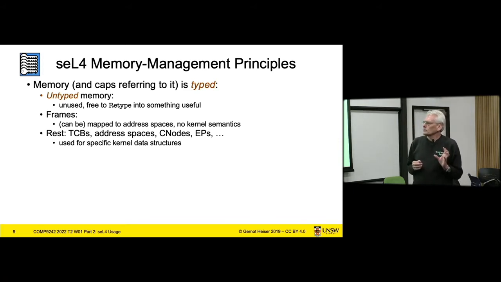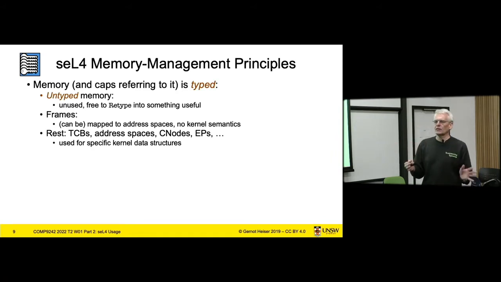So for memory management, you basically have three kinds of objects. You have untyped memory, which is the starting point, so that's memory that's not yet used for anything. You have frames, which are representations of physical memory. Untyped also represents physical memory, but it's physical memory that's not being put to any use.